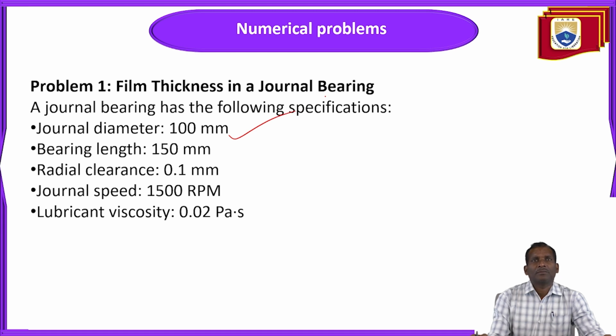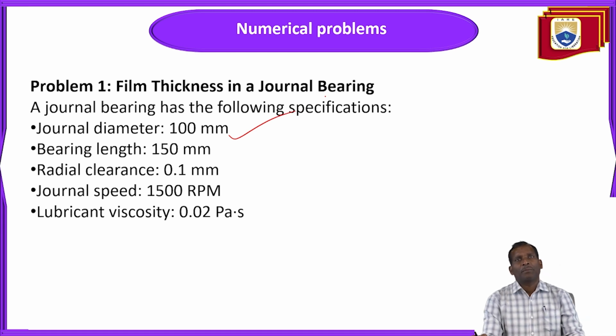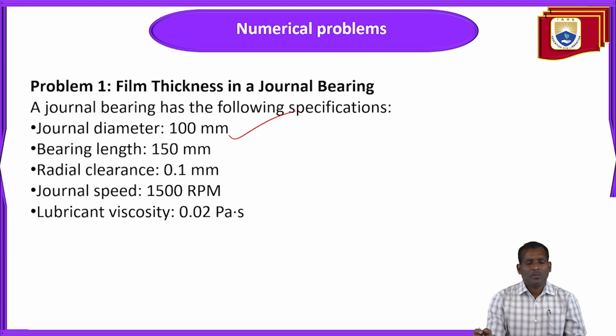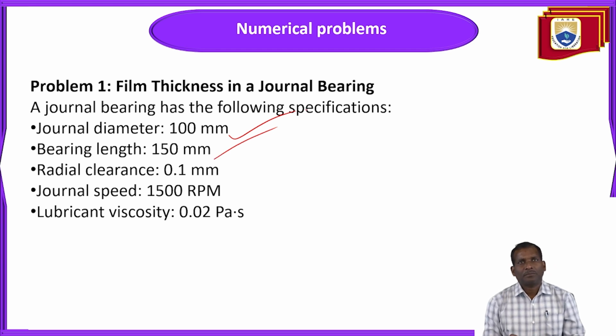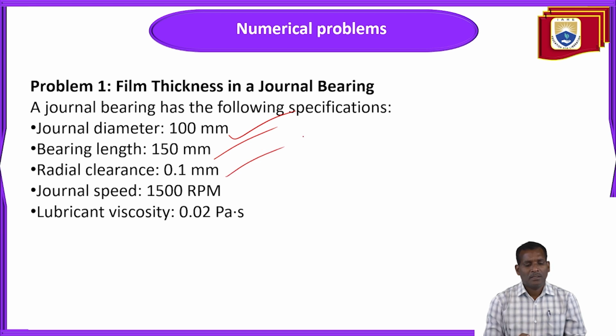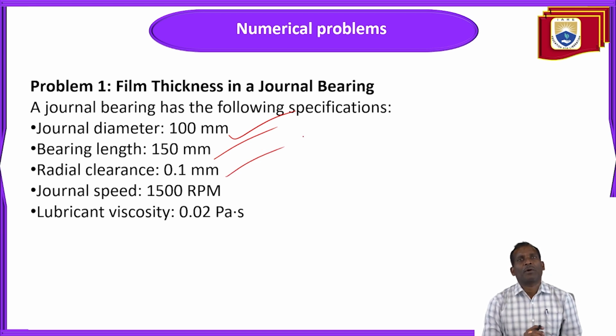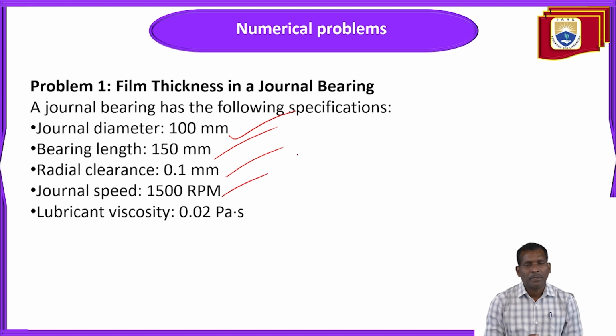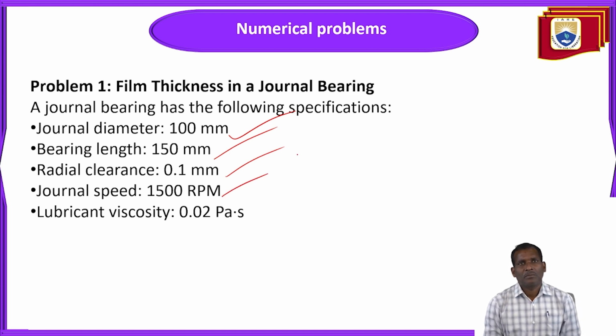Journal diameter 100 mm, the bearing length 150 mm, and radial clearance C 0.1 mm, and journal speed N 1500 rpm, and lubricant viscosity 0.02 pascal second.